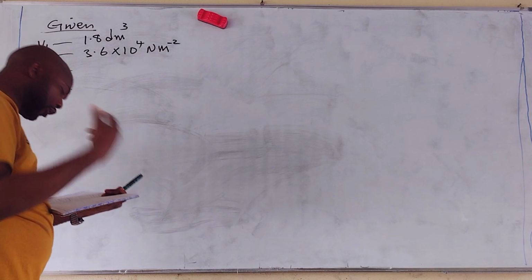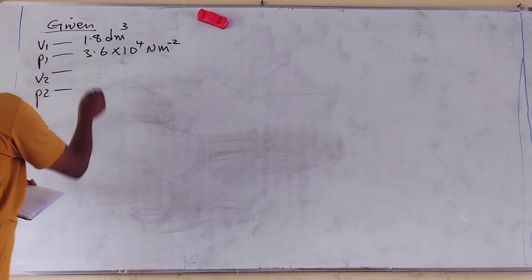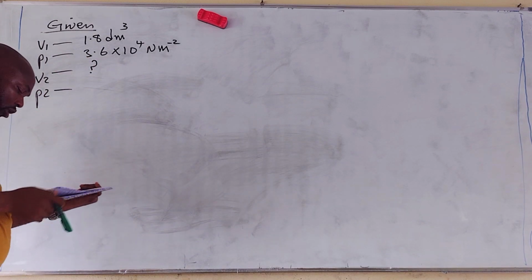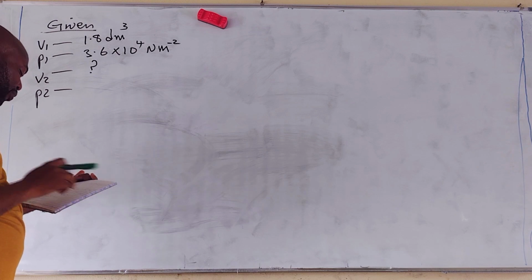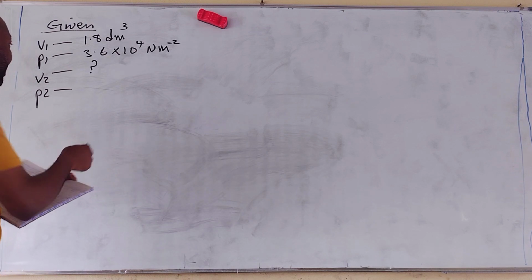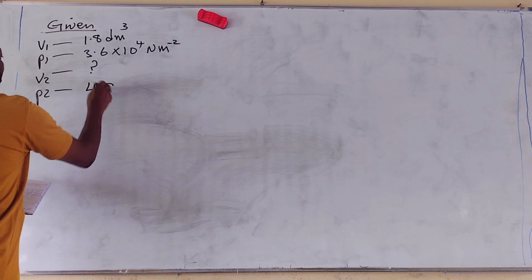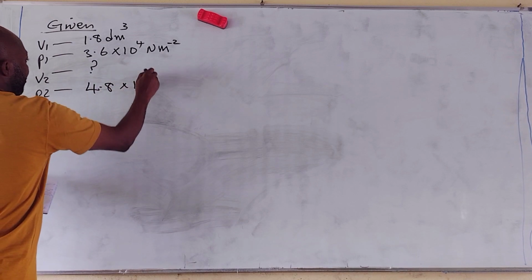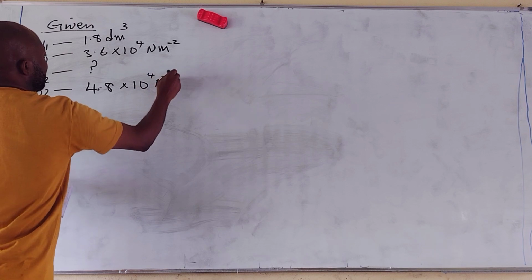What volume will it occupy, the V2, if its pressure is increased to 4.8 times 10 raised to the power 4 Newton per meter square?